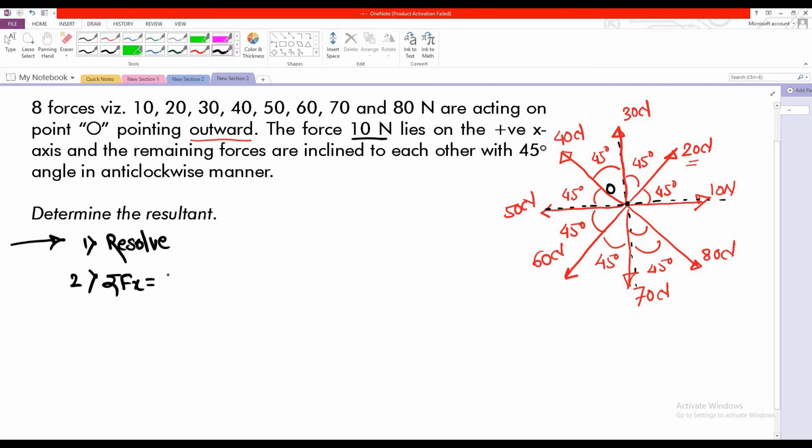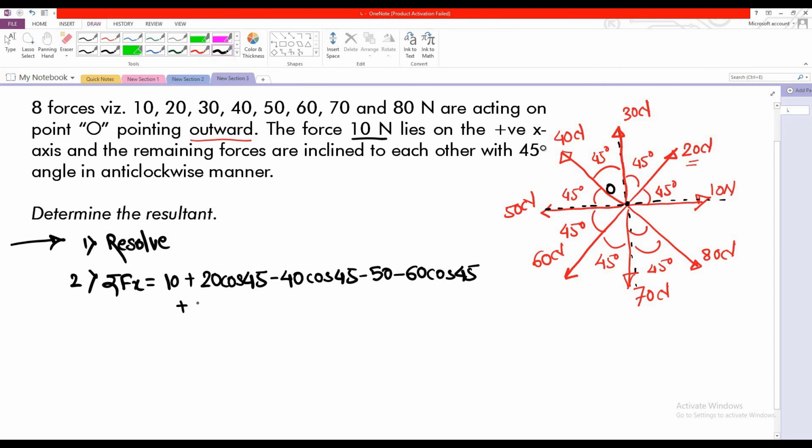What will be in summation fx? 10 Newton is going to be there, then 20 cos 45 is going to be there, then 30 Newton is not going to be there, it is on vertical axis. It will be minus 40 cos of 45, then minus 50, then minus 60 cos 45.